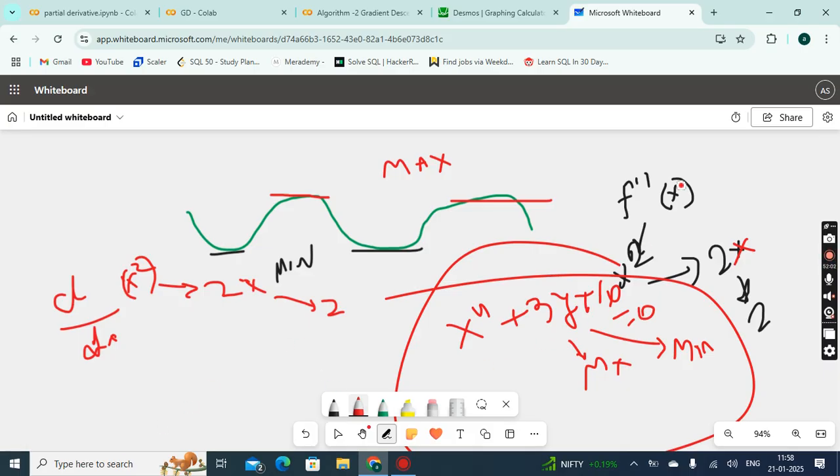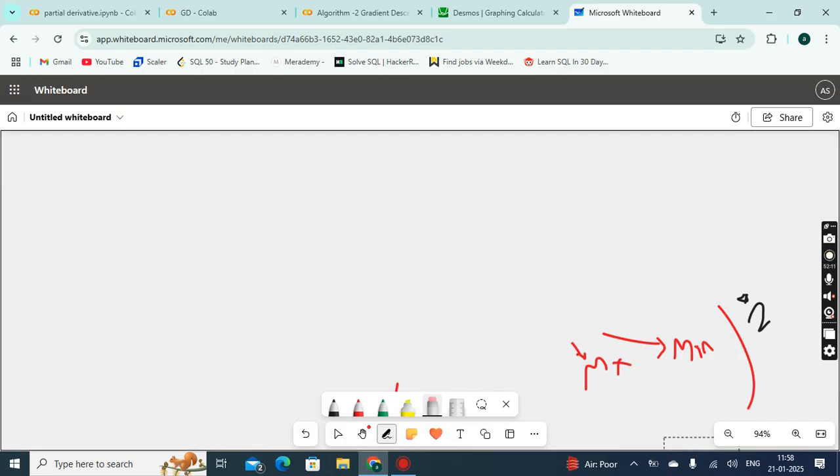To solve this, we want the function f double dash of x, meaning the double derivative function.